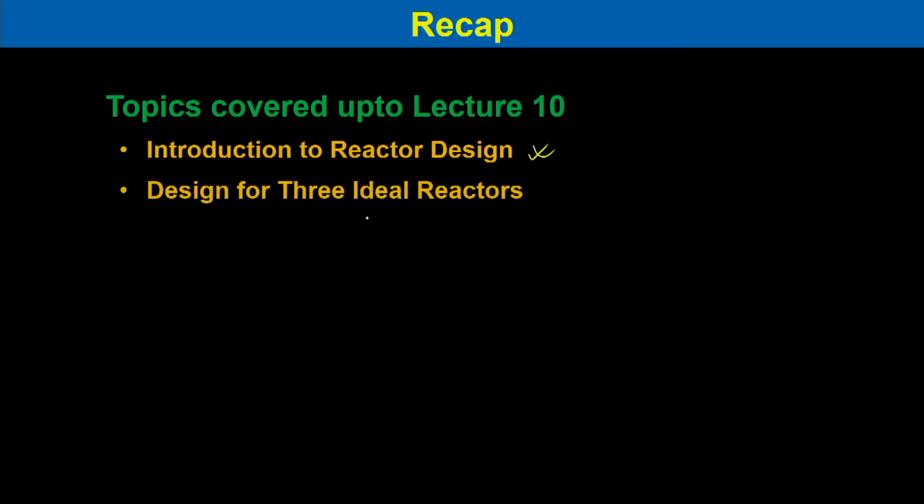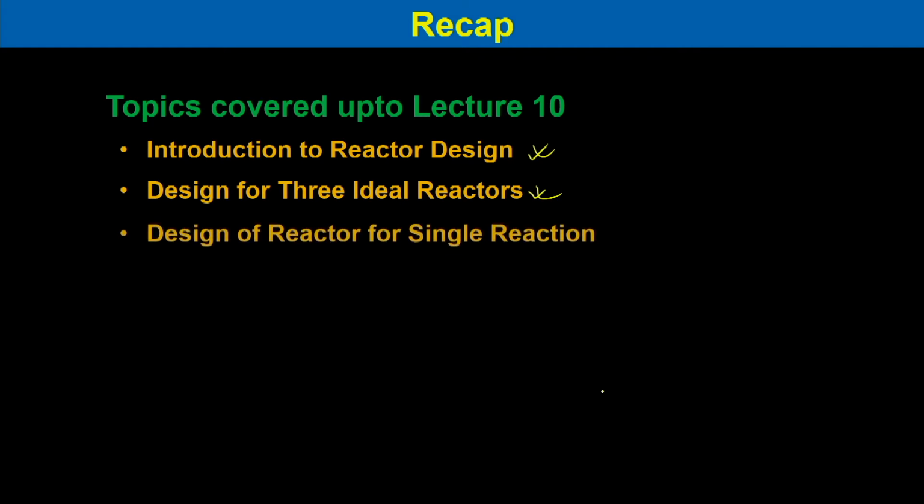So, this design of three ideal reactors we have covered. Then we have considered reactor design for single reaction, and when we considered single reaction, we were only concerned about the size of the reactor. We were not concerned about the product distribution. So, that we have covered.